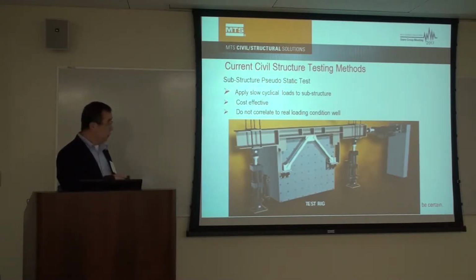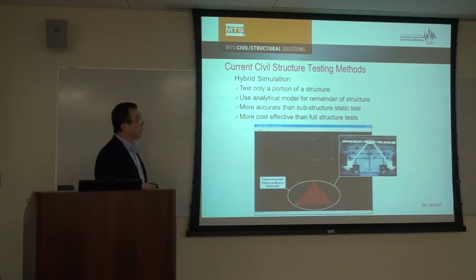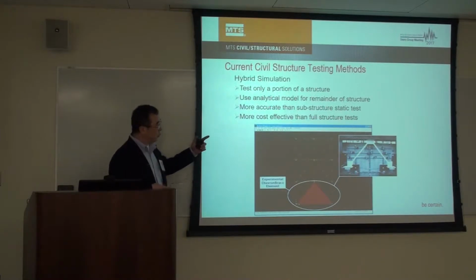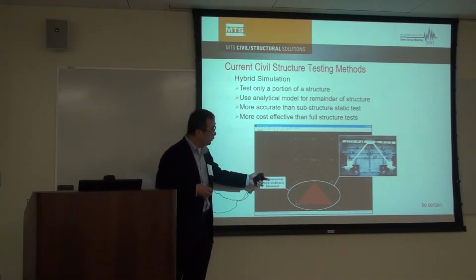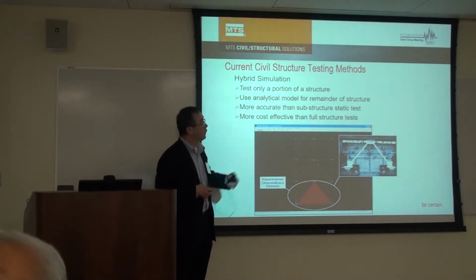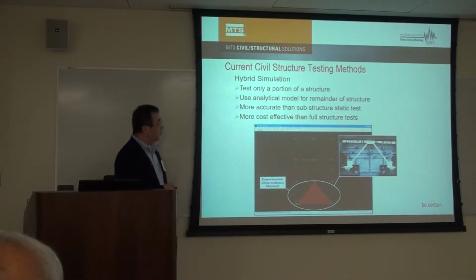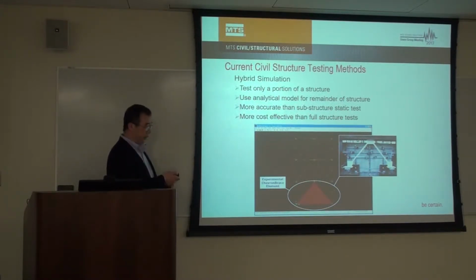So hybrid simulation is another test, and it divides the full structure into a numerical substructure and an experimental substructure. In the lab, you only test a part of the structure, and this part is mostly highly nonlinear and really difficult to model, and you put it in the lab.